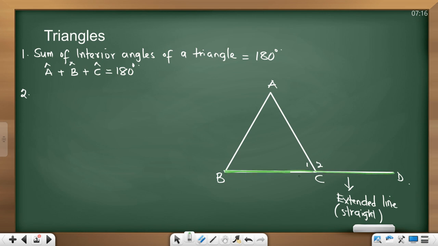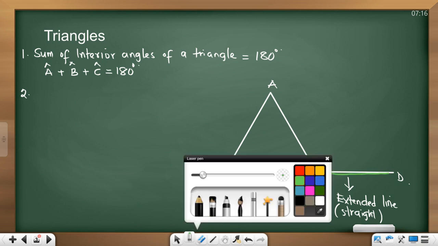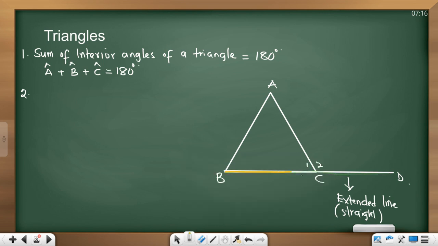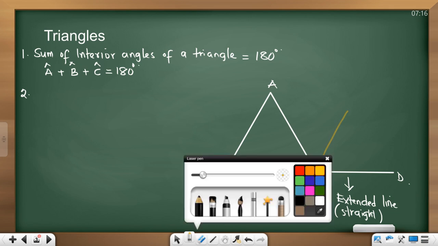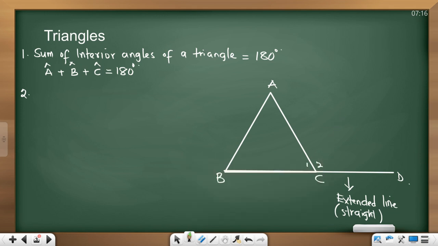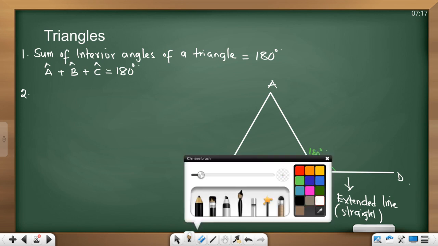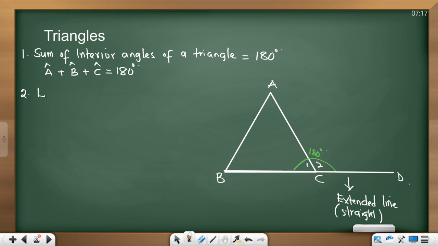So we take BC and we continue. If I were to draw the line like this, then it is not an extended line. If it's an extended line, please take note, it must form an angle of 180 degrees.